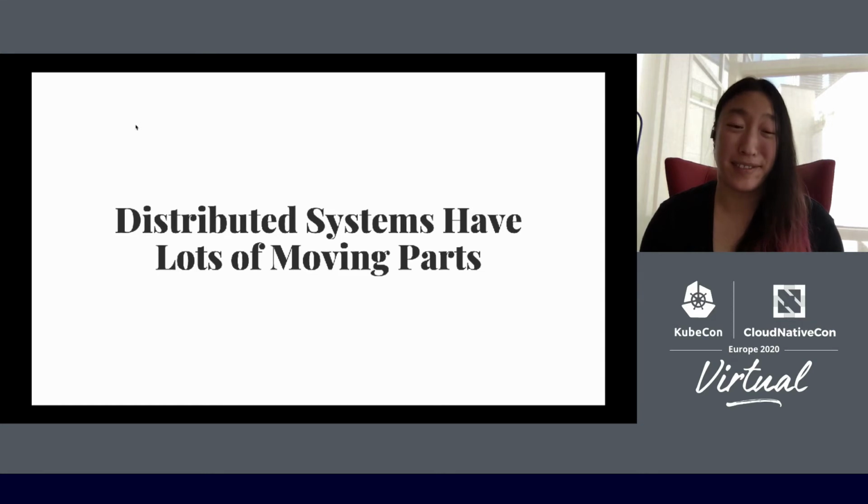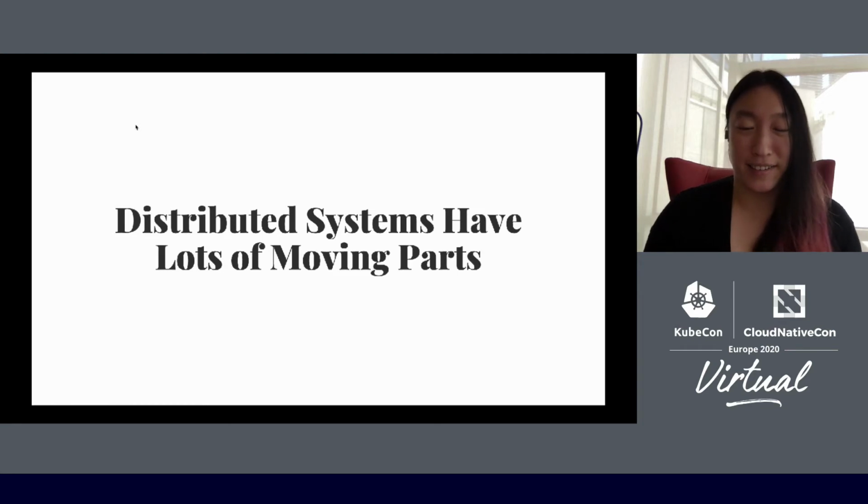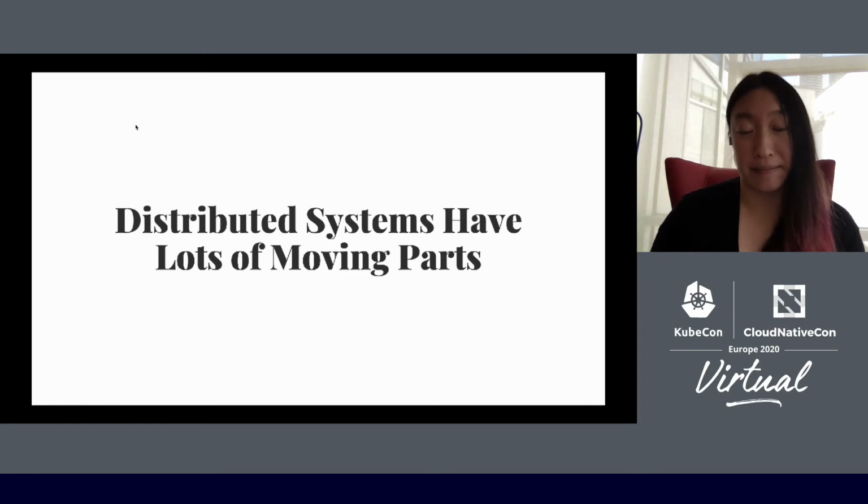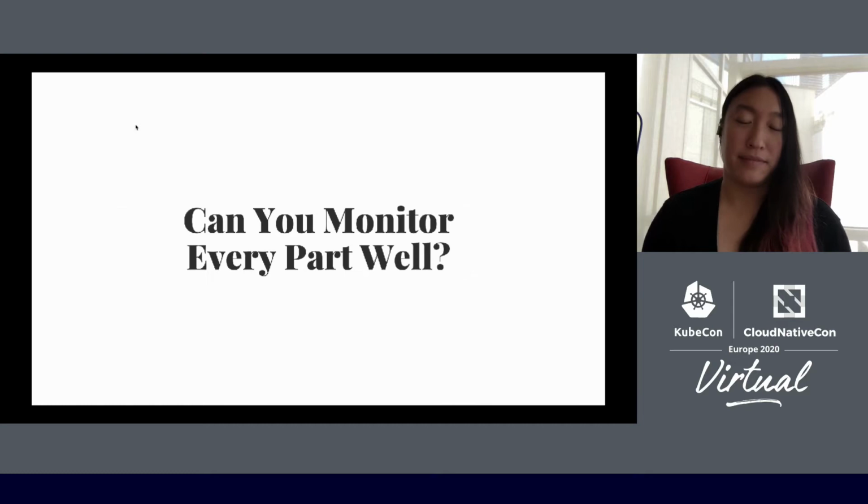So the moral of the story is that distributed systems are really hard and they have a lot of moving parts. And even if you get each moving part right, you still have to get the interactions between the parts right. So it's not just getting all the individual components running correctly, it's also how do you make sure they're behaving correctly together?